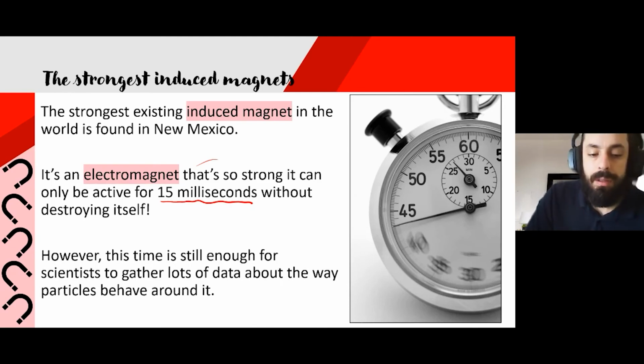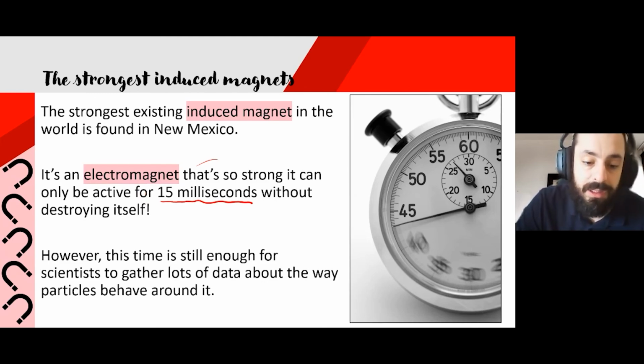So what do scientists do with this? Well, they study particles, atoms, and all these things around this magnetic field, and see how they behave, okay? But this time, even if it looks like very little time, because they've got really, really powerful machines, they're able to gather lots of data from it.